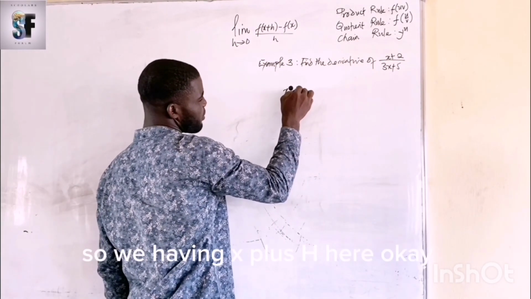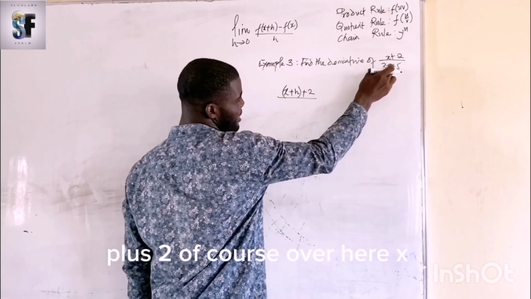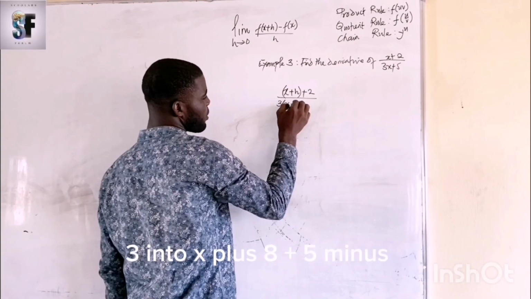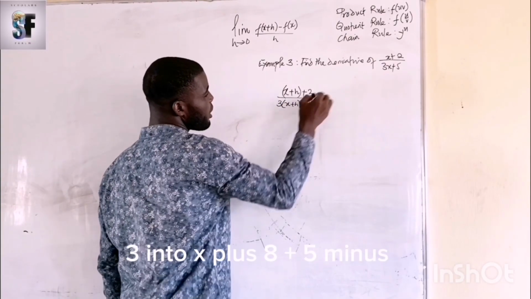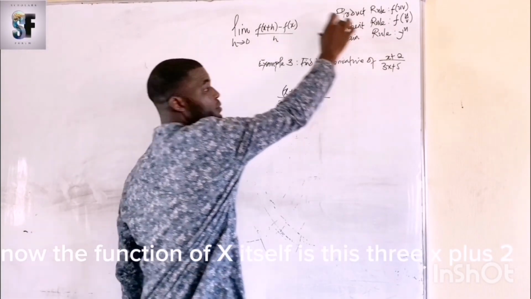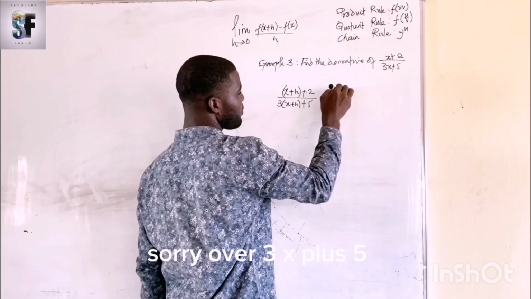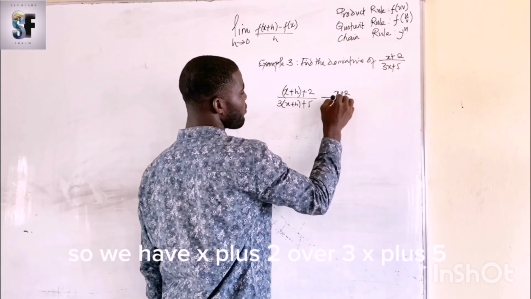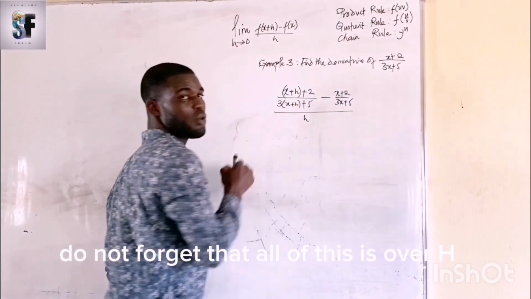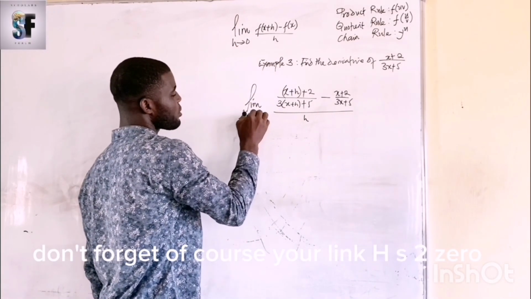So we have x plus h plus 2 over 3 into x plus h plus 5, minus, don't forget, the function of x itself, which is x plus 2 over 3x plus 5. Do not forget that all of this is over h, and don't forget your limit as h tends to 0.